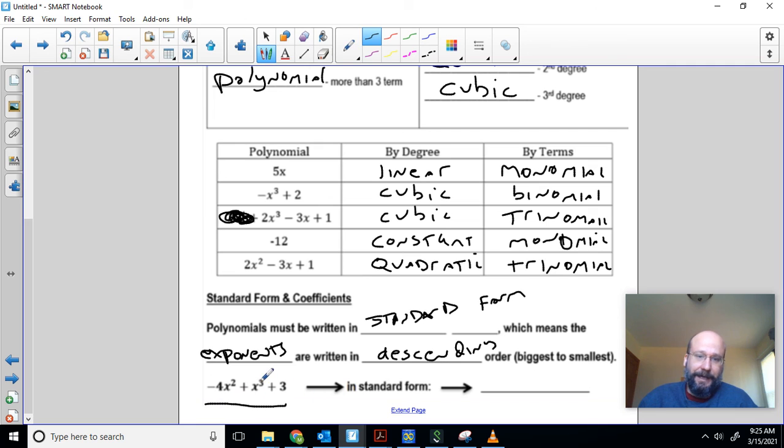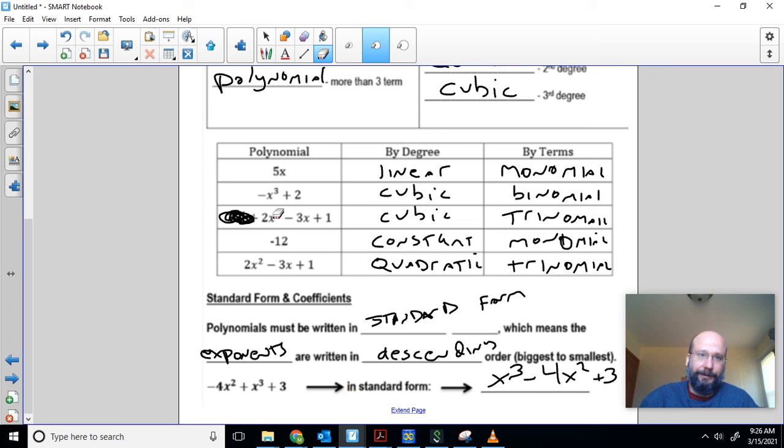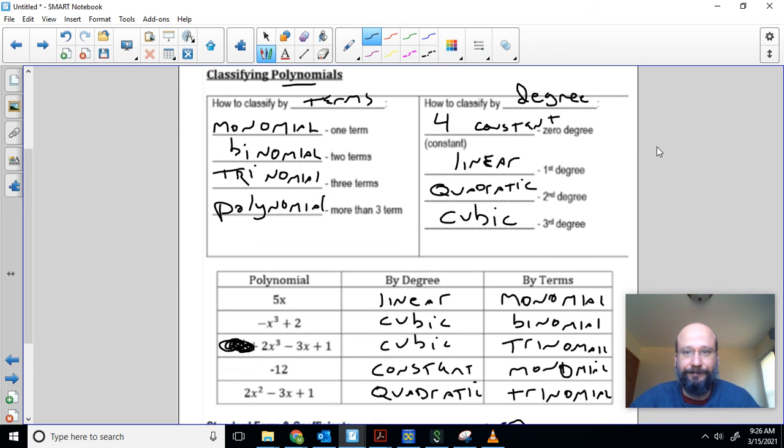So for instance, in this one, the highest exponent is the 3, and then the 2, and then the constant. I'm going to erase this so we can see it better, but I moved this and put it in standard form by putting the highest exponent first. All right, so make sure the part with the terms is the part we need to remember. Make sure you write that down somewhere.